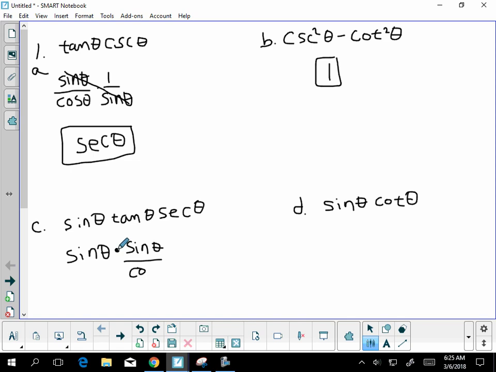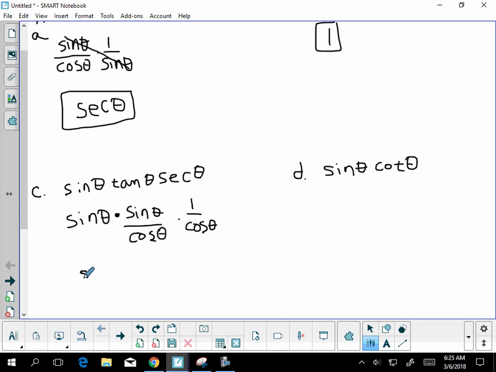That should be more of a times. And then secant is 1 over cosine. Well, if I multiply everything out, I'm going to end up with sine squared theta over cosine squared theta, which would be tangent squared theta.